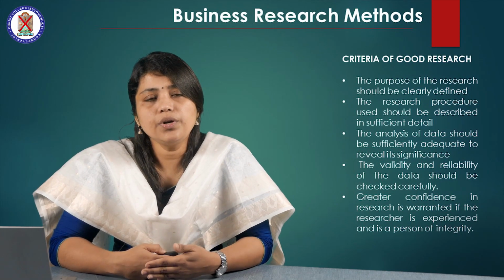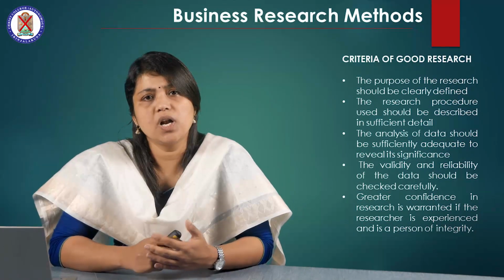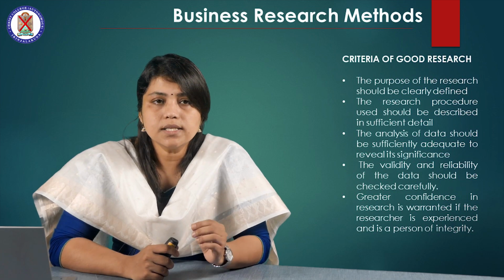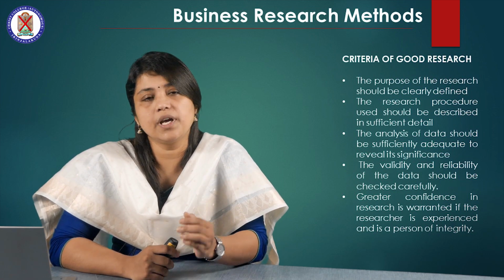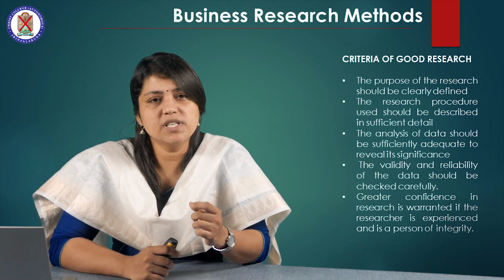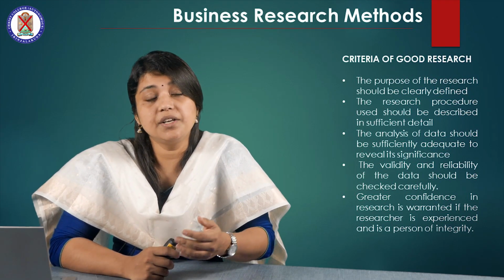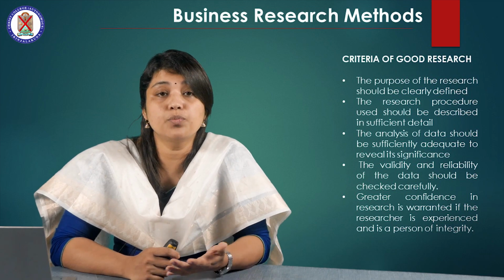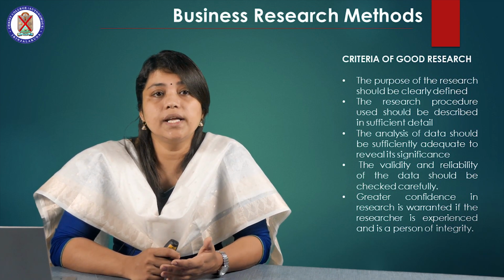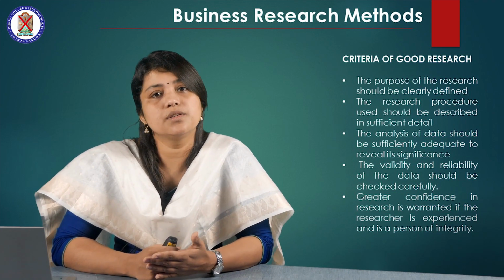So a good quality research always requires a researcher to follow a scientific approach. A researcher must follow a scientific method in conducting the literature review, identifying the research gap, writing the problem statement, and outlining the research question and research objectives.